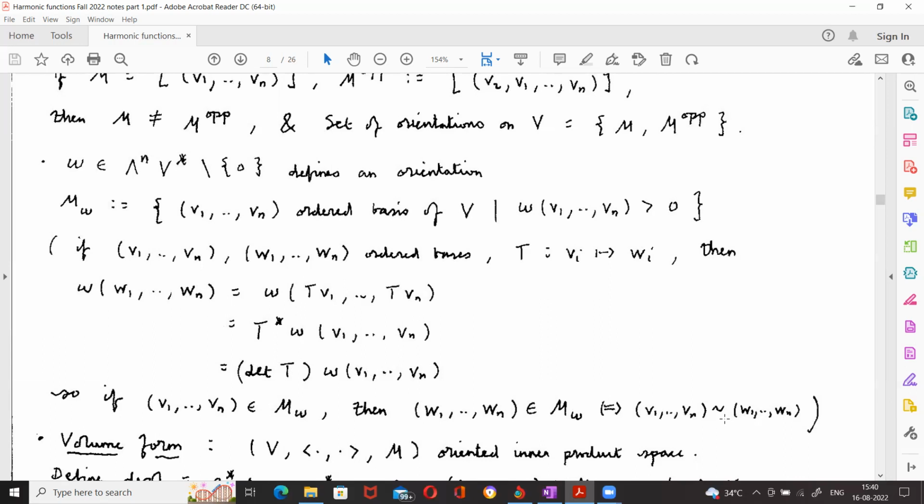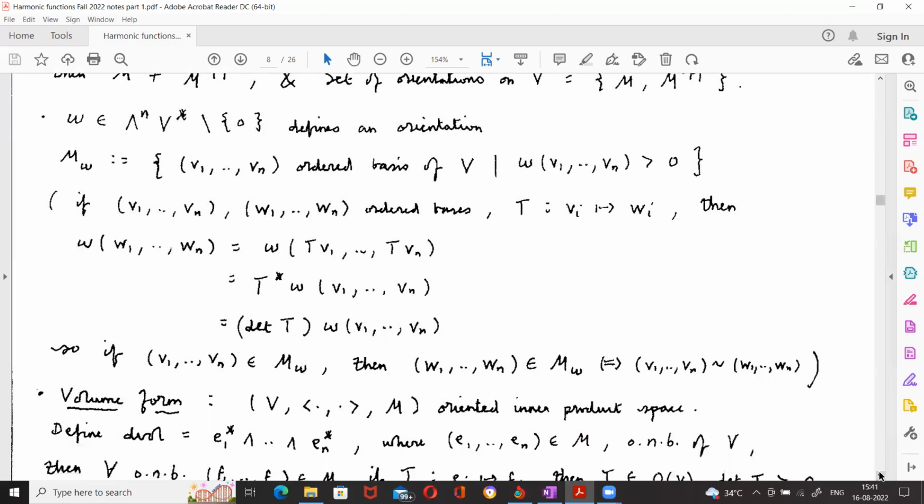So this means that mu omega is an equivalence class. So this is the orientation defined by a non-zero top degree form. Any non-zero top degree form defines an orientation, mu sub omega.